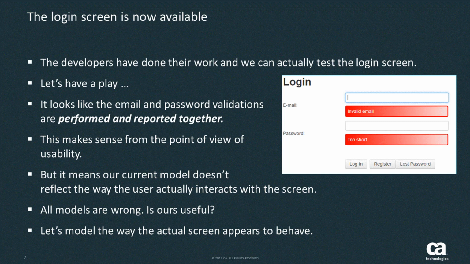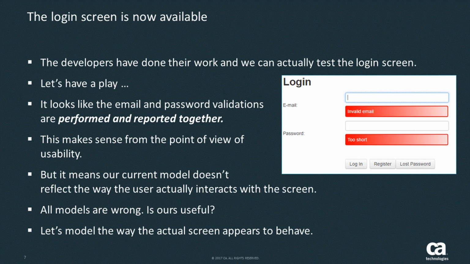On a simple screen like this, perhaps it doesn't matter too much. But if you have a screen with, say, 20 fields that you have to complete, to get 1 error message at a time, to fix 1 error at a time, is a bit cumbersome and a bit tedious. So typically, developers will build all the error checking into one process and report all the errors as one process.